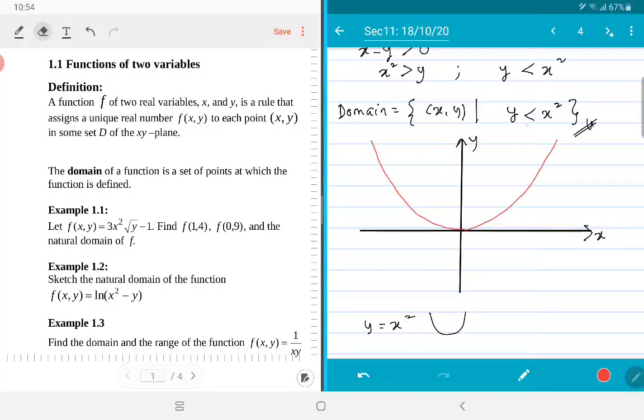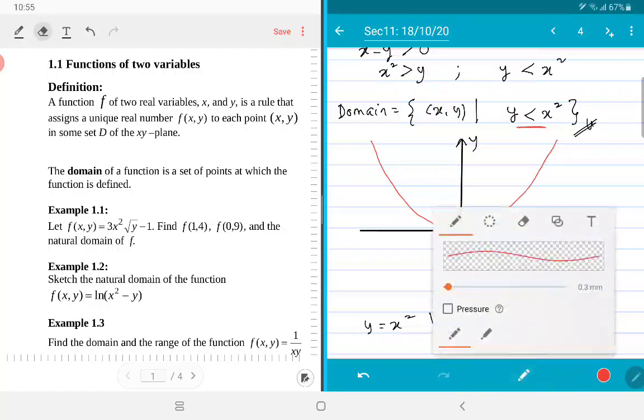But in our domain, we need y less than x squared, not equal to x squared. So all the points on the curve here are not included in the domain. So instead of using a solid curve, we need to use a dotted curve.